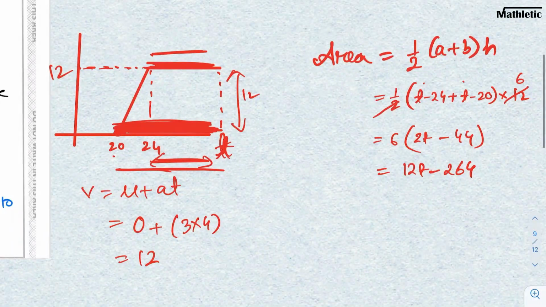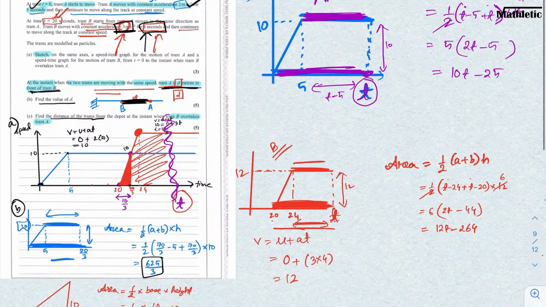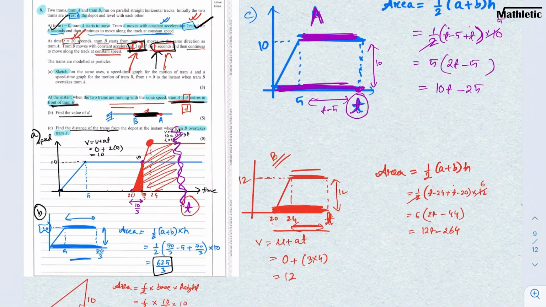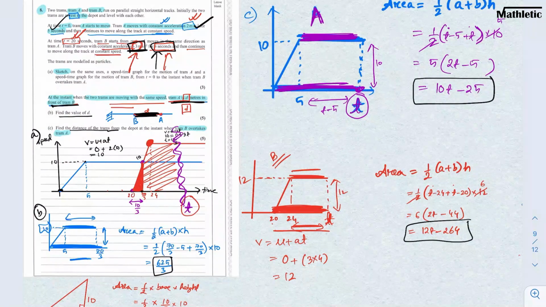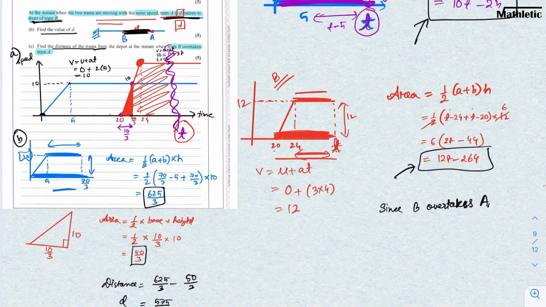Okay, so this is for tram B. Since B overtakes tram A, the distance traveled by them should be equal, so we will equate these two values. 10t minus 25 equals 12t minus 264.